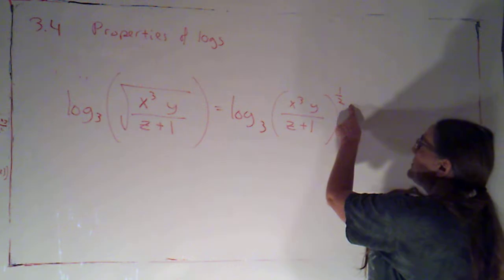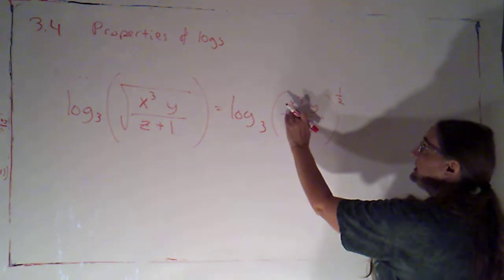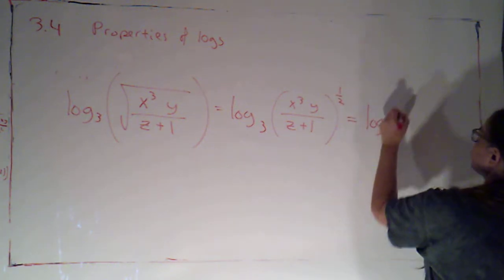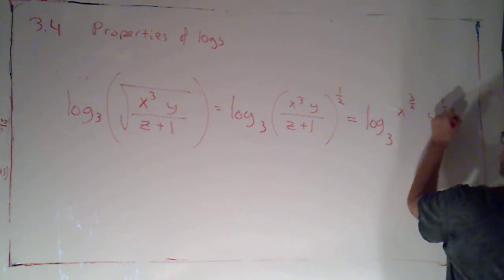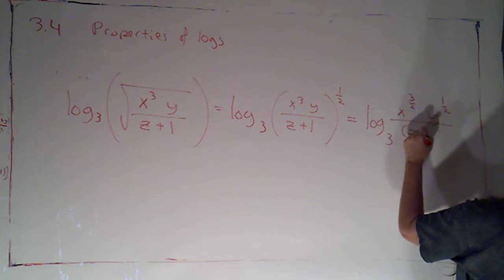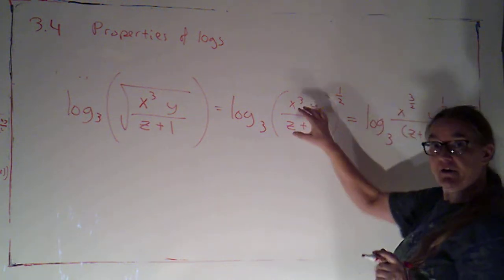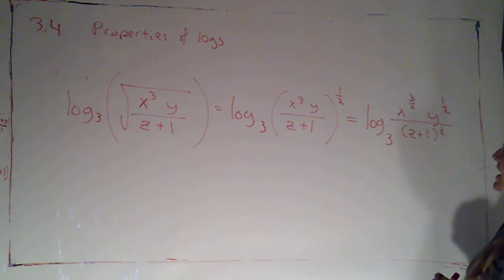I could distribute that over the multiplication and division. So I could make this the log base 3 of x to the 3/2, y to the 1/2, and then it would be z plus 1 to the 1/2. Remember that exponents distribute over multiplication and division, but never over addition and subtraction.